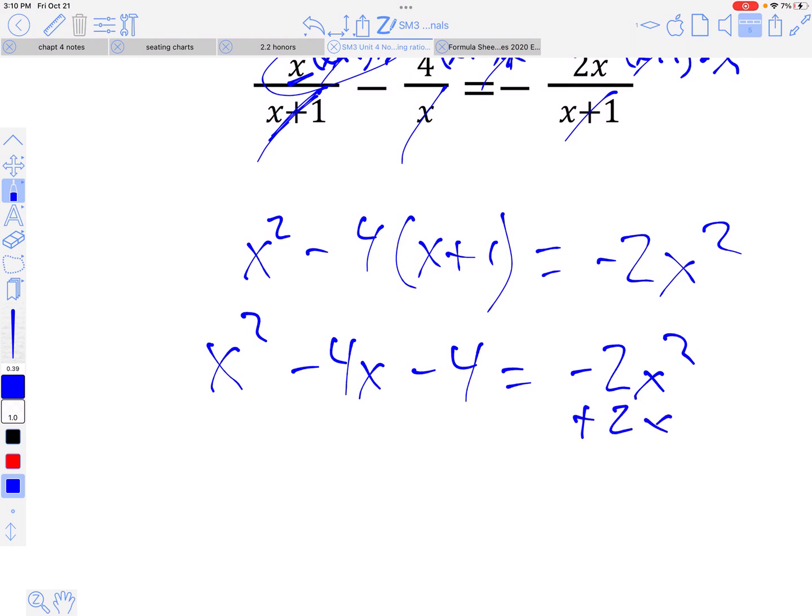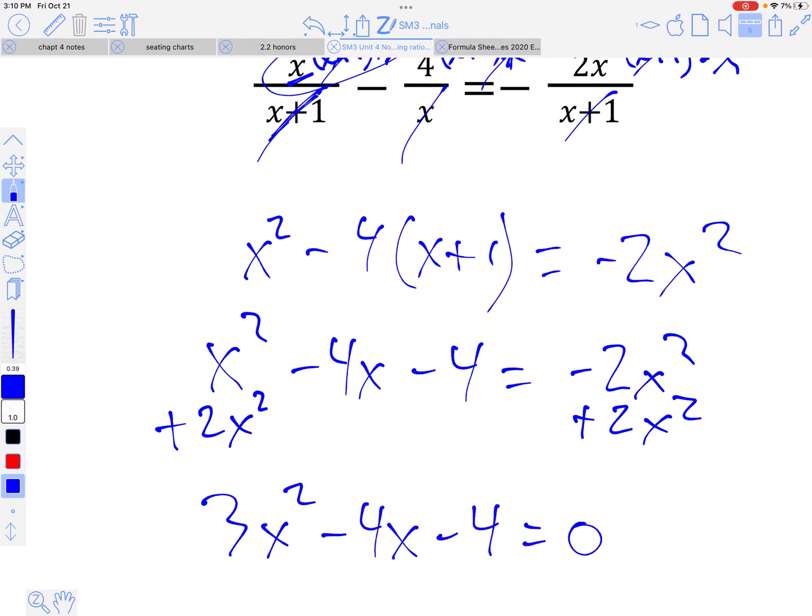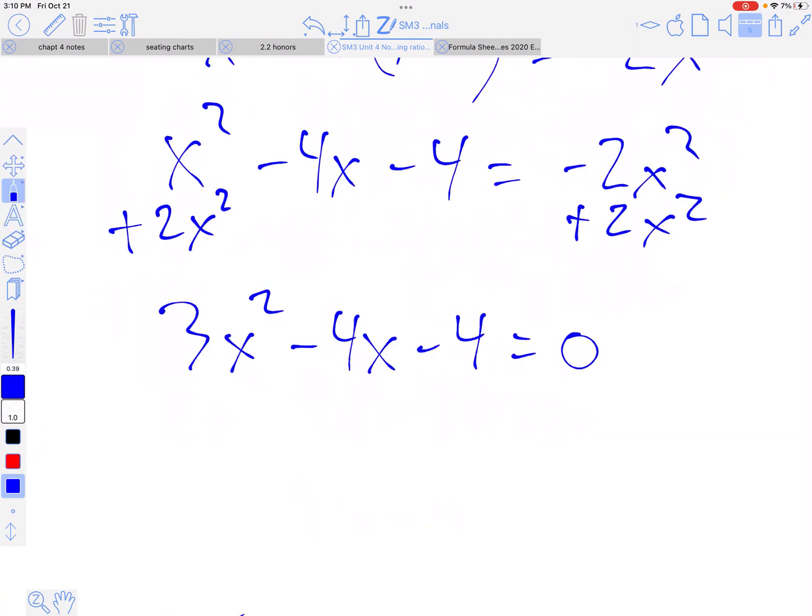I'm going to add 2x squared, add 2x squared. I'm going to get 3x squared minus 4x minus 4 equals 0. All right, and then I'm going to have to factor and solve. So I do 3 times -4, I get -12, which is -6 times 2 is kind of the magic number there.